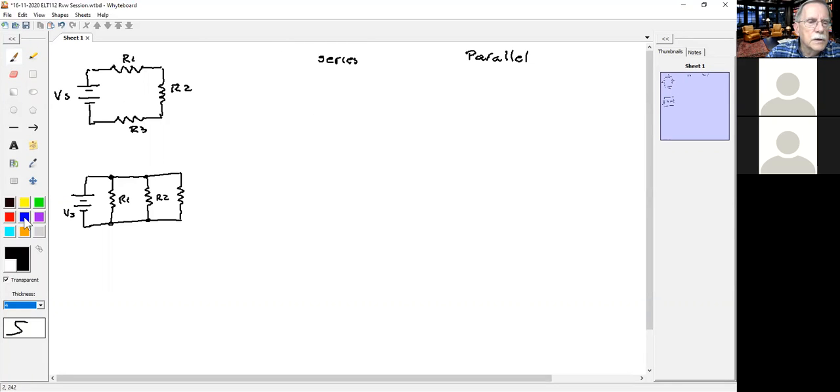In a series circuit, the current is the same in all resistors.